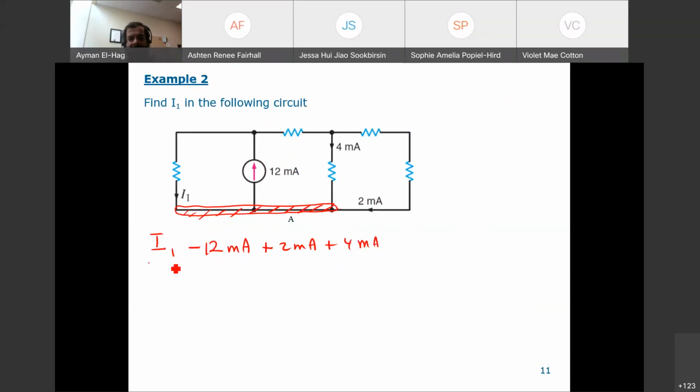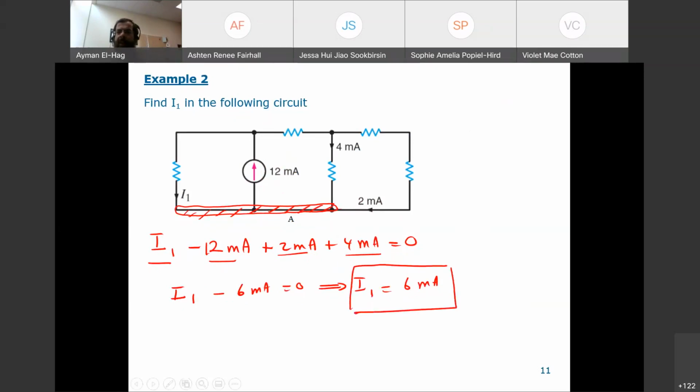We have 1, 2, 3, 4 currents equal to 0. The algebraic summation of all currents equals 0. So this is I1 minus 6 milliamps equal to 0. So from this, your I1 will equal 6 milliamps.